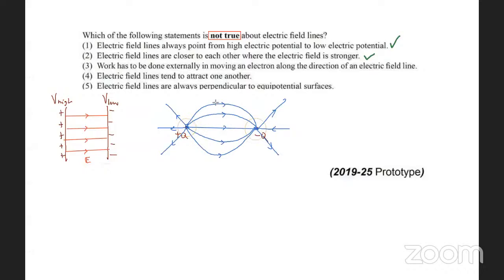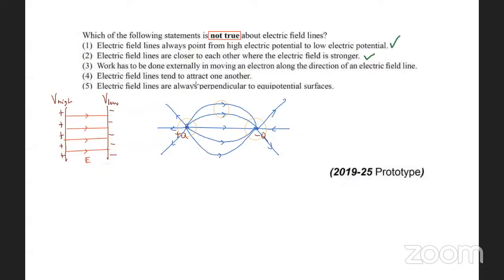If you draw the same circle away from the charge, there are only a very limited number of electric field lines. Here there are 1, 2, 3, 4, 5, 6, 7, and here there are only 2. Closer to the charge, the electric field is stronger. So it's correct.